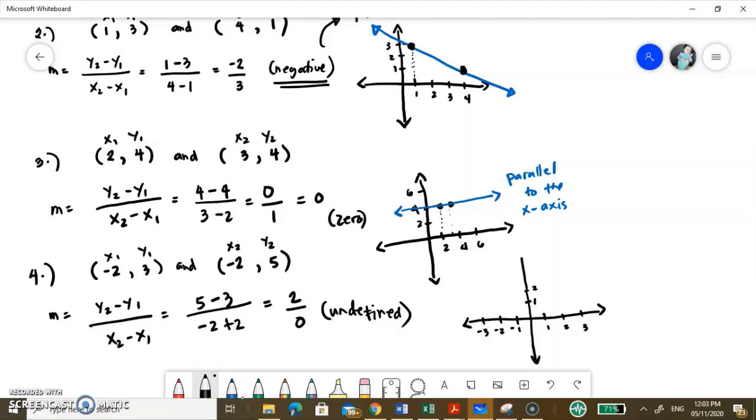So, taasan ko ng konti. 2, 3, 4, 5. Ayan. Hindi pa nagkasya. Ayan, 5. So, plot natin. Negative 2 tsaka 5. Dito siya. Right? Then, negative 2 tsaka 3. Dito. Okay.